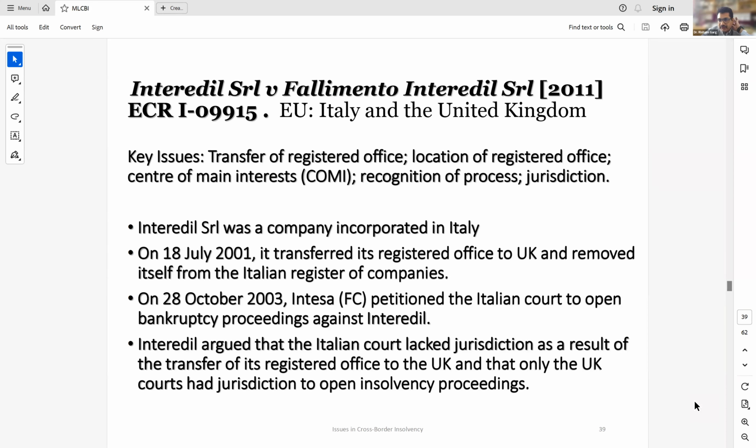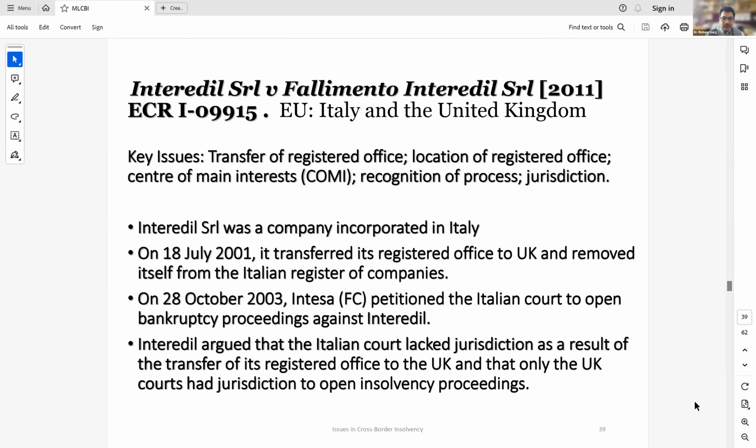Now this is the case upon which this 3 month time has been provided, the 3 months look back period when the registered office is shifted. So in this case, there was this SR Interdil, which was an Italian company, and it shifted its office on 18 July 2001 to UK.